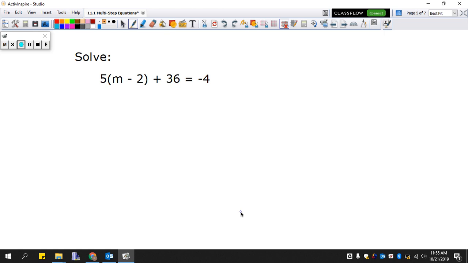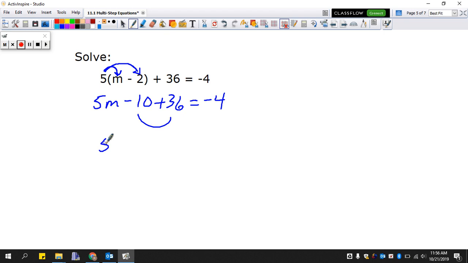The next problem is one where we have the parentheses, and so we have to use the distributive property. So we're going to go 5 times m, which is 5m, and 5, so we have a minus, 5 times 2 is 10. And we have plus 36 is equal to negative 4. Here are the terms that we have to combine, a negative 10 and a 36.